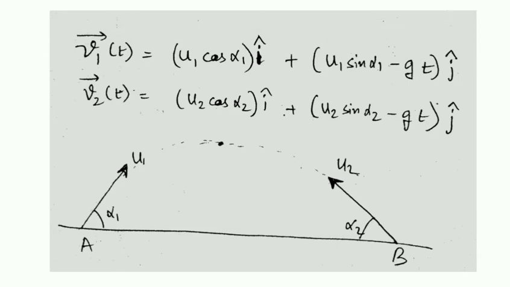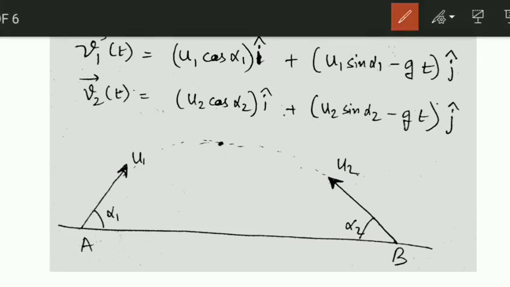Now let's see what we have to do. Let us find the relative velocity of the projectile. Let us find relative velocity of 1 with respect to 2, a vector.